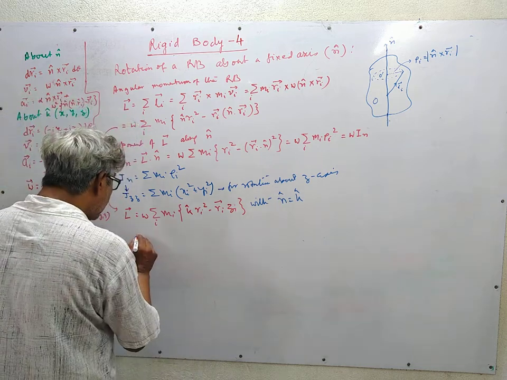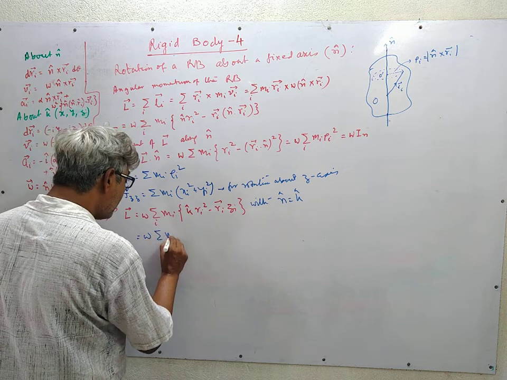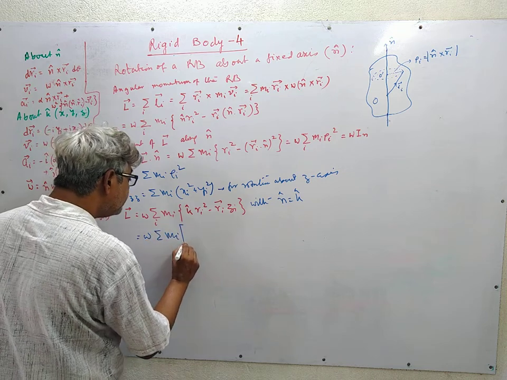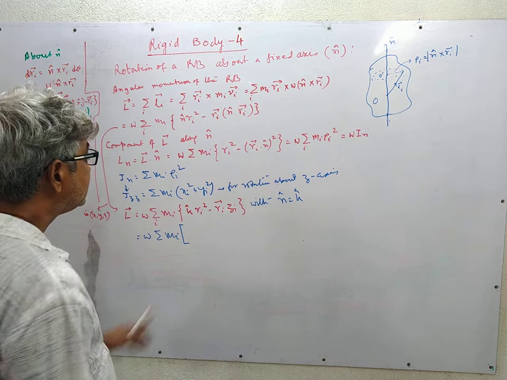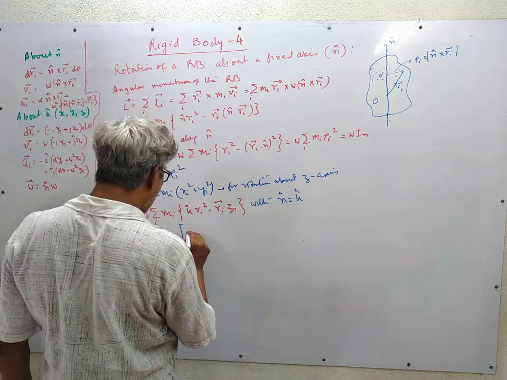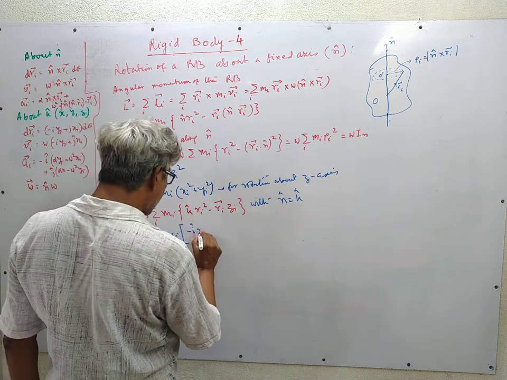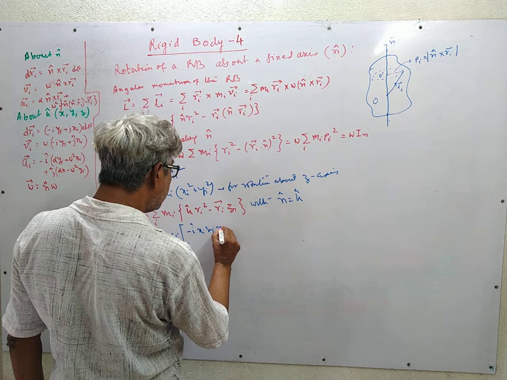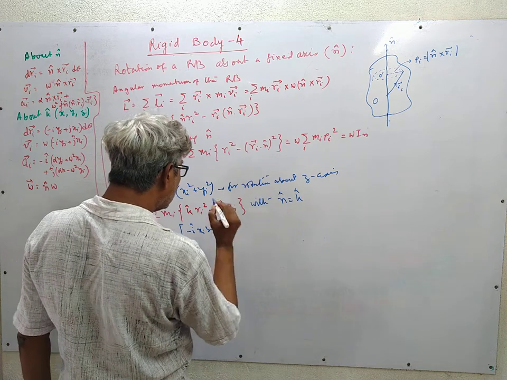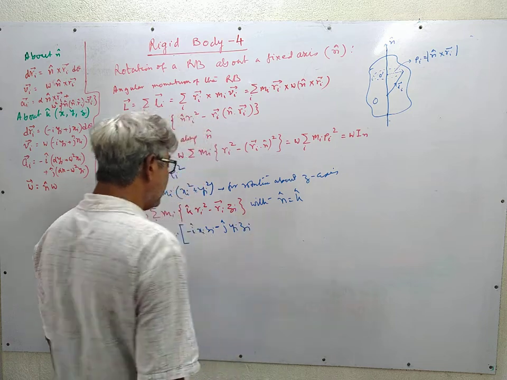So if we rewrite it, we get this. There is a contribution to i direction. This is xi times zi. Similarly, there is a contribution along y direction, which is yi times zi.